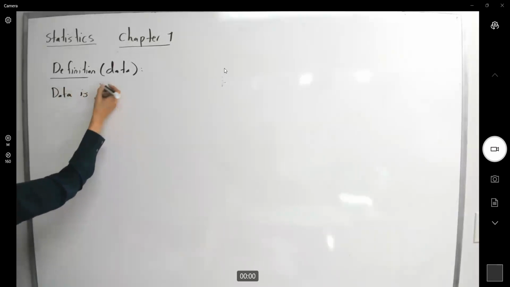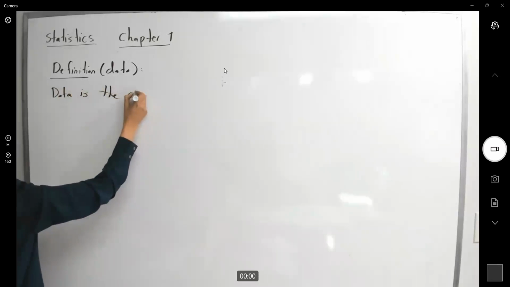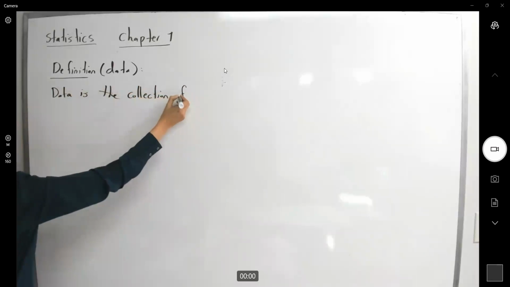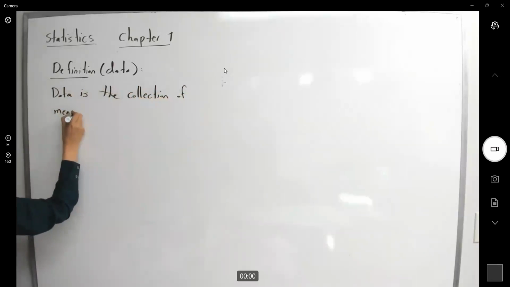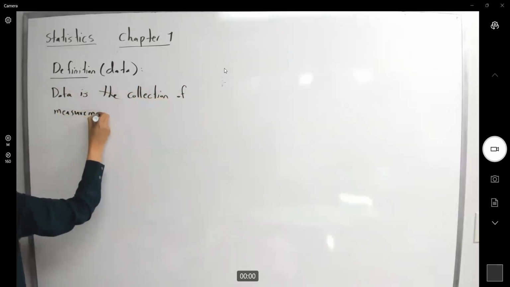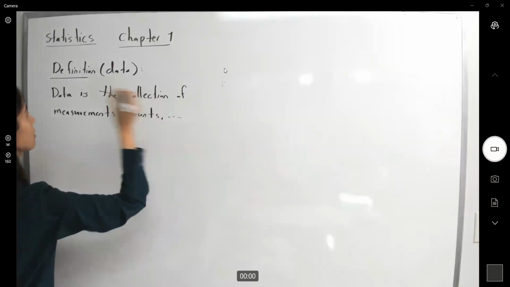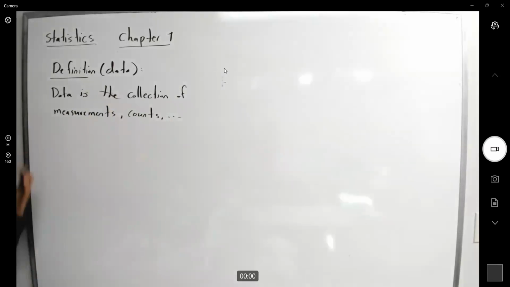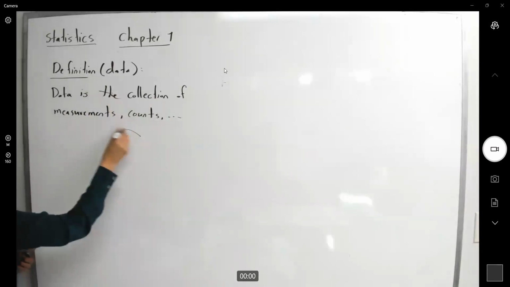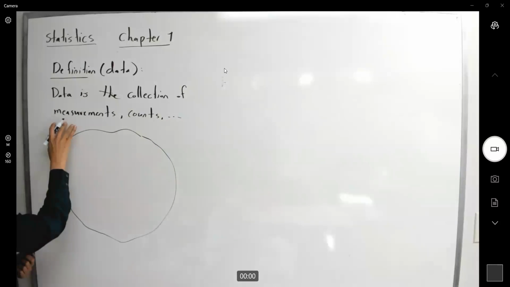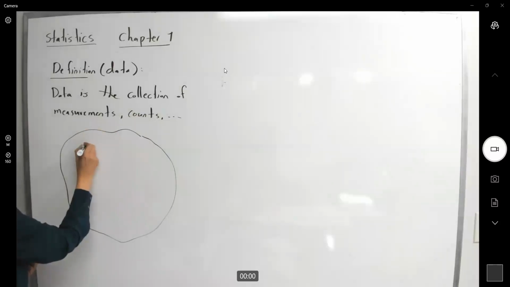Data is the collection of measurements or counts and so on. So when you're talking about the data, we're talking about a huge collection of measurements or counts or whatever you have.